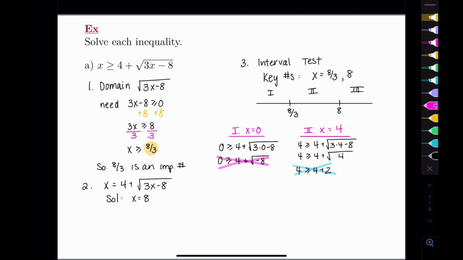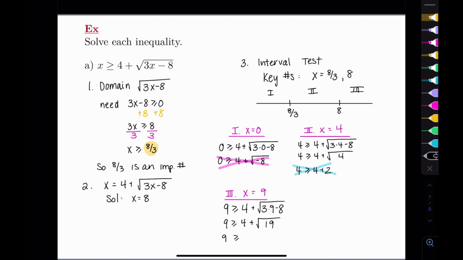Okay. So we've got one more interval to test, which is interval 3. And so a number that works from there is 9. That gives us 9 is greater than or equal to 4 plus the square root of 3 times 9 minus 8, which gives us 4 plus the square root of 27 minus 8, which will give us 19 under the radical.